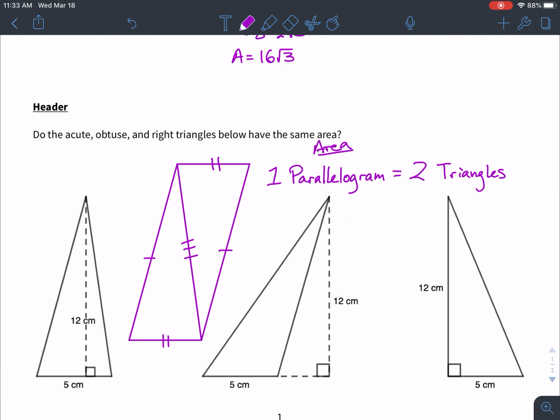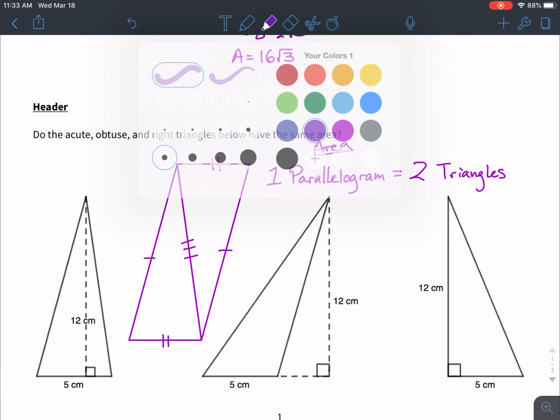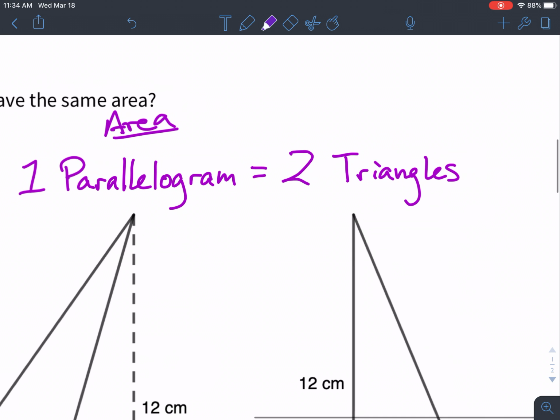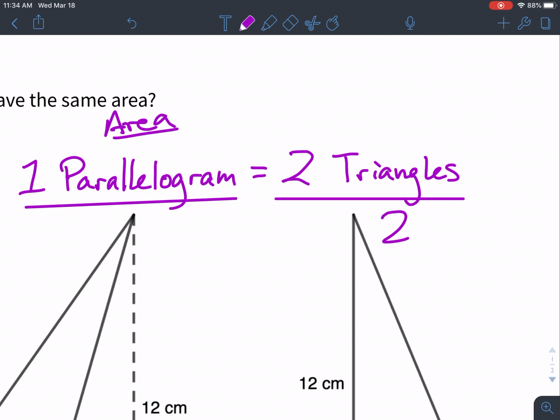We can see that in our diagram, that the one parallelogram is made up from 2 triangles. So if we just want to talk about the area of a single triangle, that means that we would have to divide by 2. That'll give us the area for a single triangle.